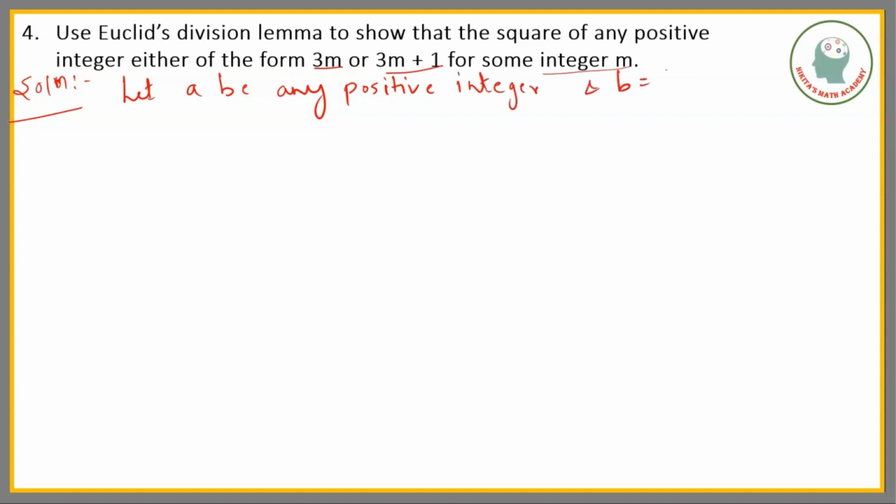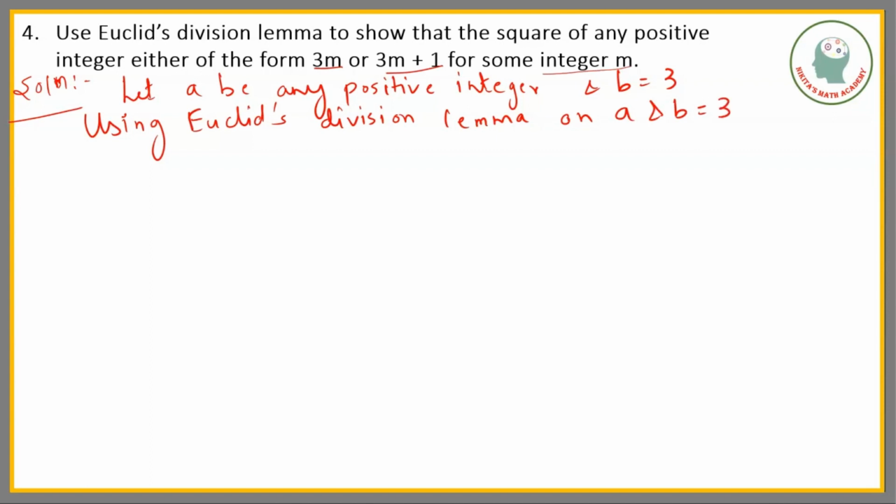Then we will use Euclid's division lemma on a and b, whose value is 3. Then we have a equals bq plus r, where r is greater than or equal to 0 and less than b.